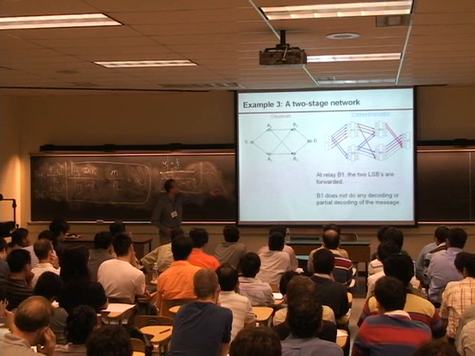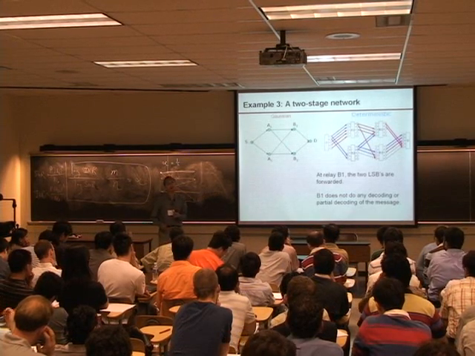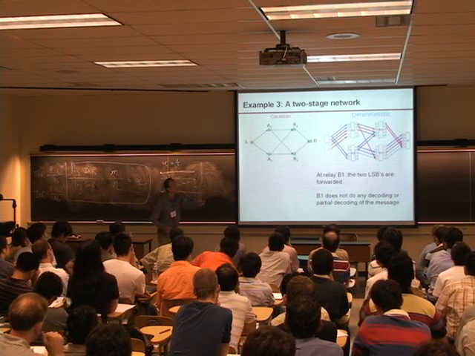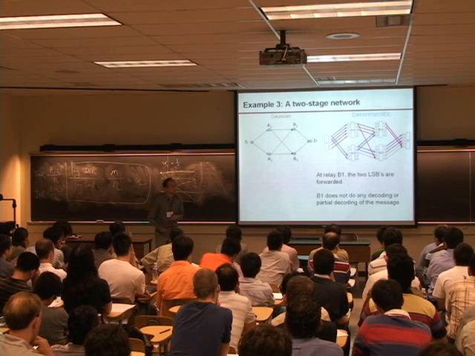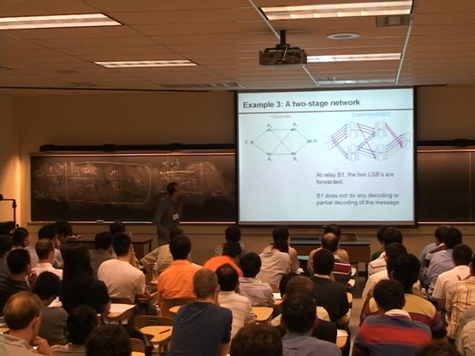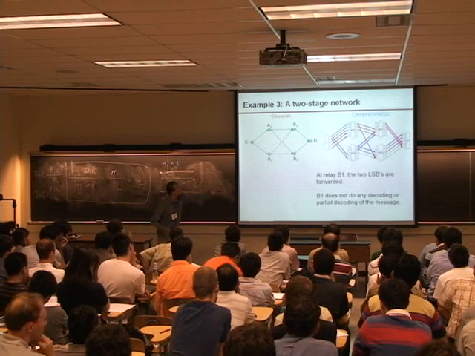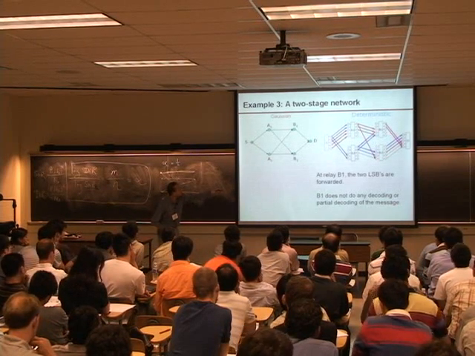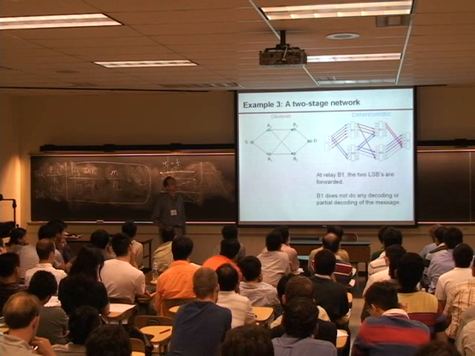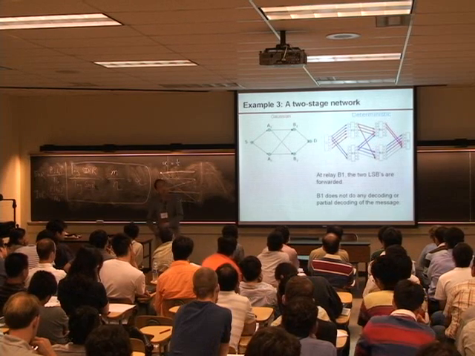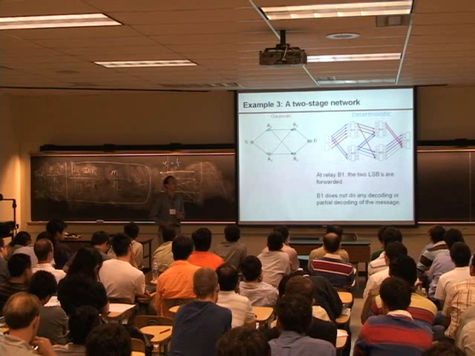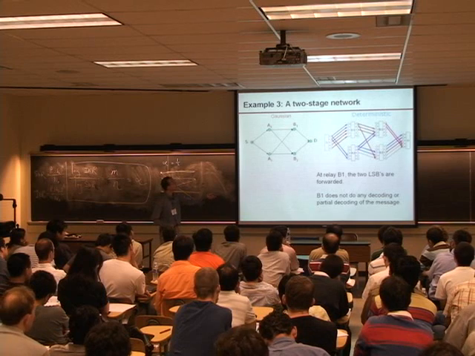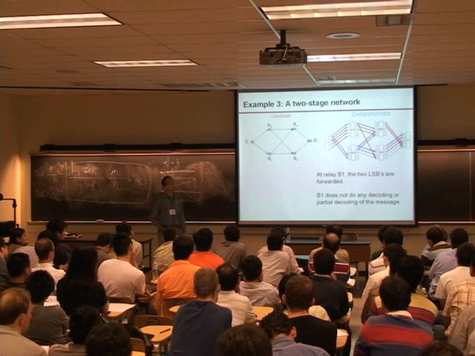However, quantizing in the Gaussian sense essentially means that it should forward the most significant bits. But here, I'm not interested in forwarding the most significant bits, because this red is already seen here. So I'm only interested in forwarding these least significant bits. So by doing compress and forward, I'm missing out those 2 bits. And therefore, my conjecture is that Gaussian compress and forward cannot achieve this performance either.